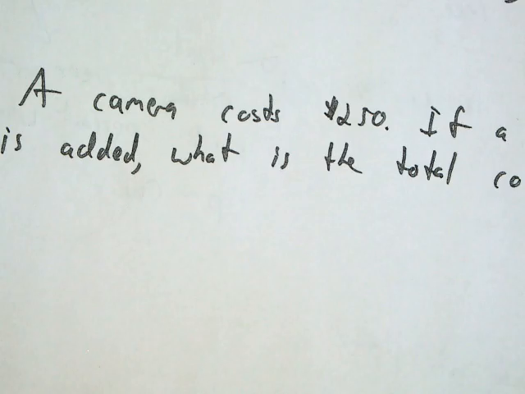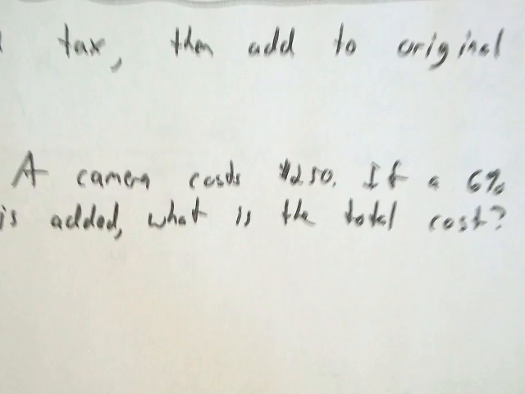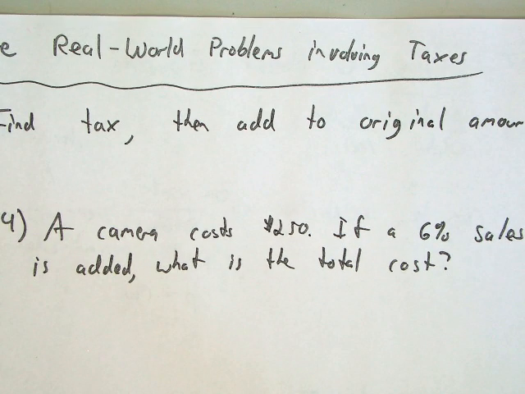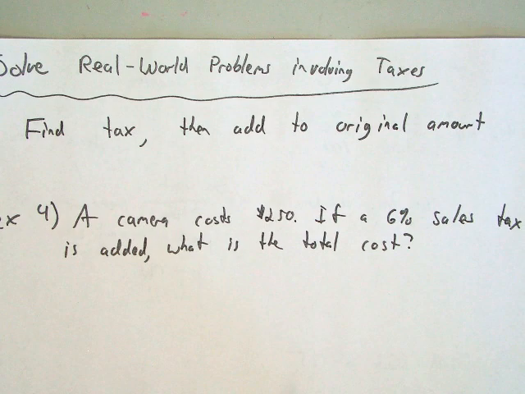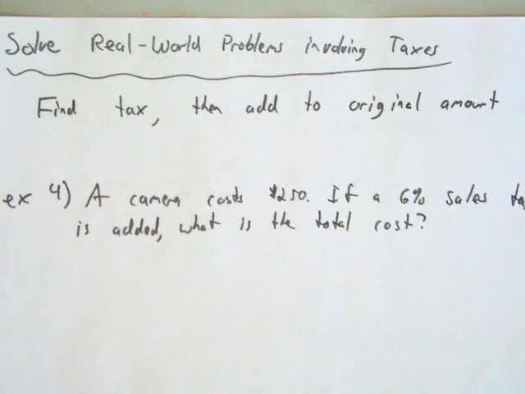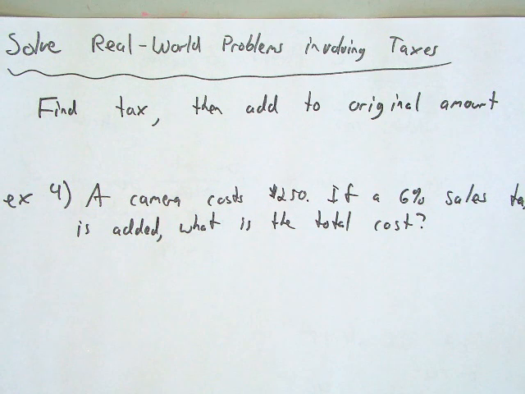All right. Let's look at some of the back problems here. We're solving real-world problems, and specifically including tax. So in order to find tax, what we want to do is we want to multiply the original price by the sales tax.